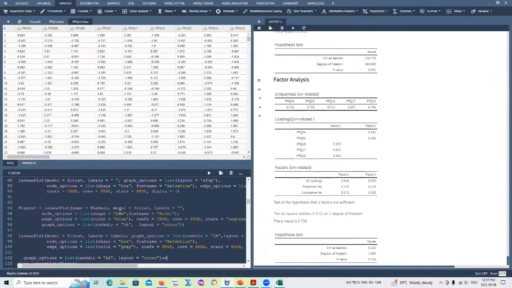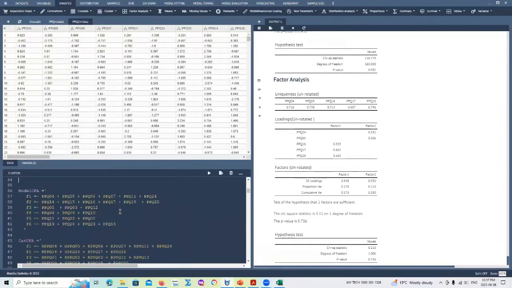So let's come here and propose a factor model. Let's say we want to use these variables, and we think it is a one-factor solution.